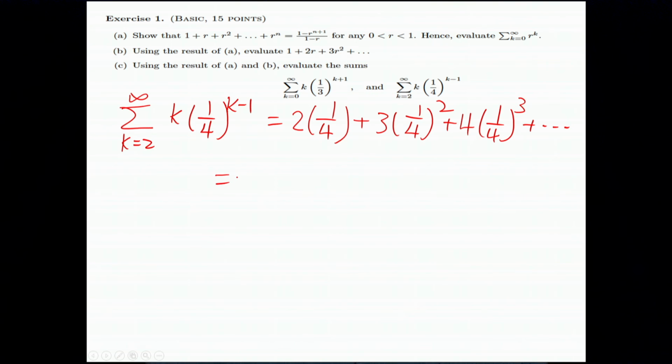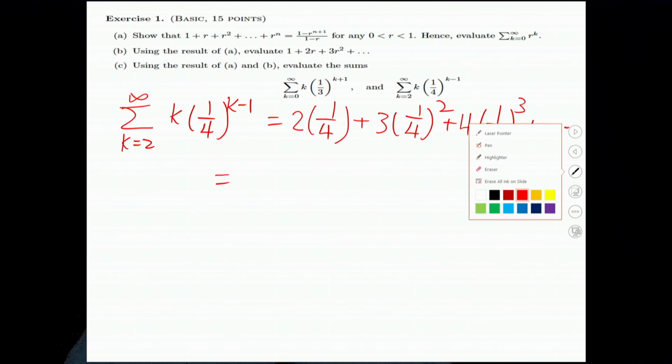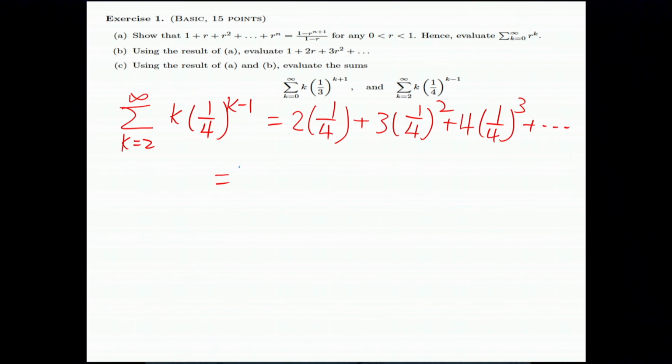Again, we take the common terms outside. Oh, there's no common terms, but we can do something. We add 1 and minus 1, and we still keep this term here.